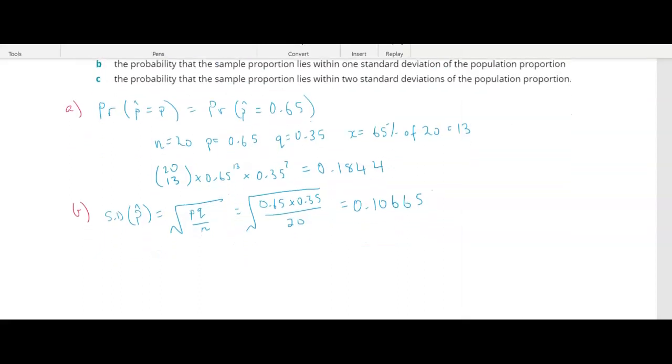So if we're looking at 1 standard deviation either side, we're going to be P minus 1 standard deviation, and P plus 1 standard deviation.